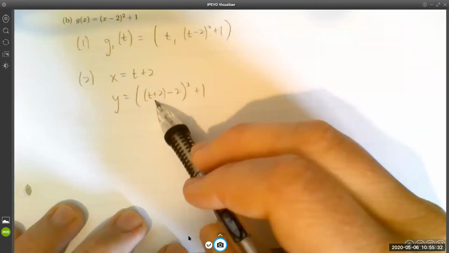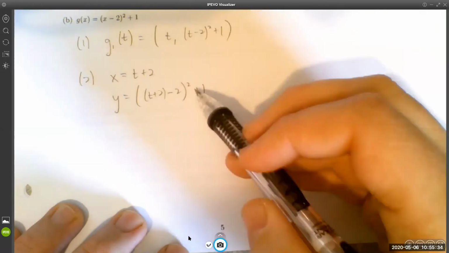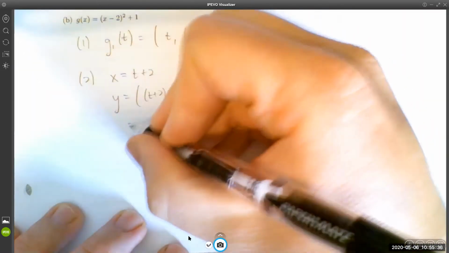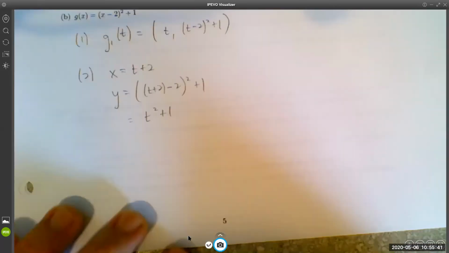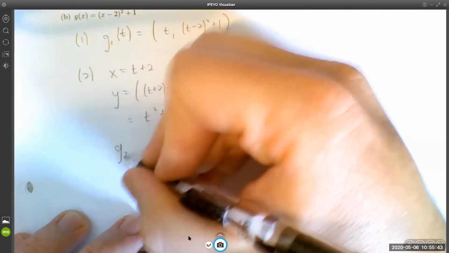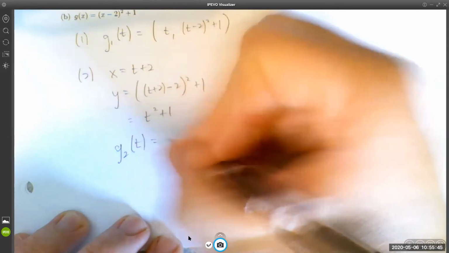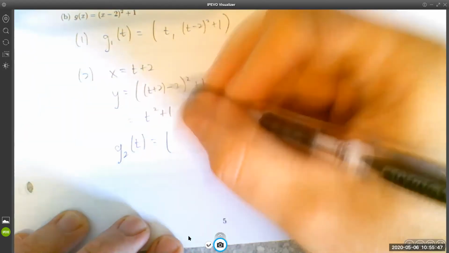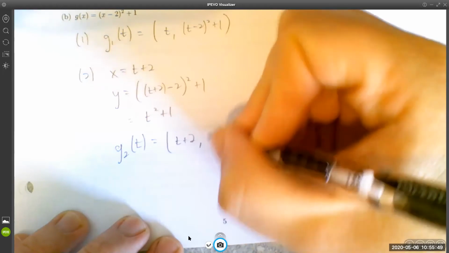It's x minus 2 squared plus 1. So that's going to be just t squared plus 1, which is kind of nice, right?